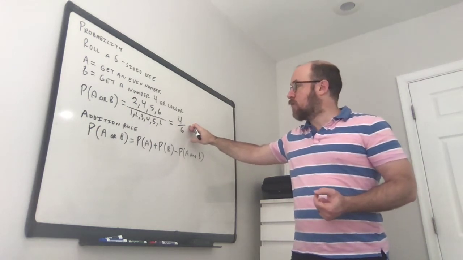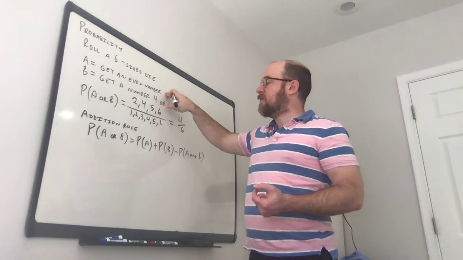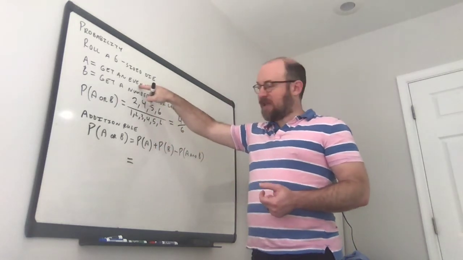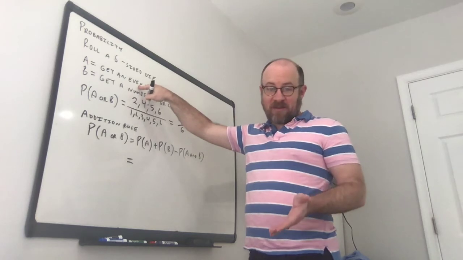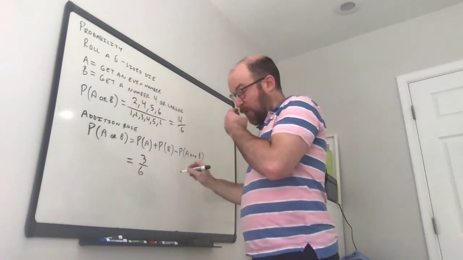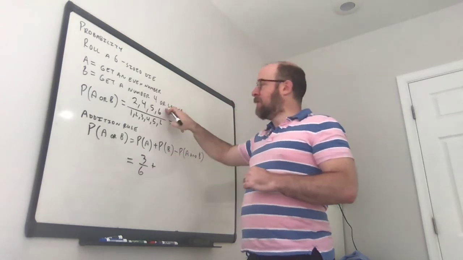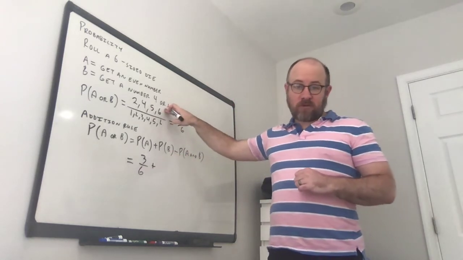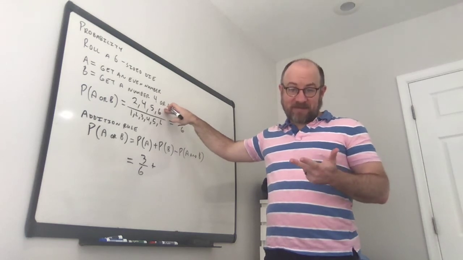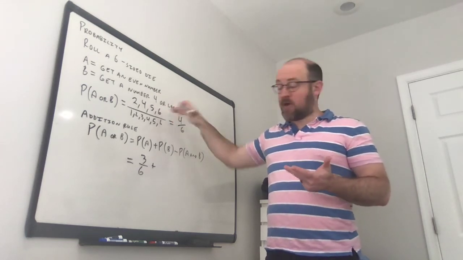So if you look at the probability of getting an even number, well, what's the probability that you get an even number? There are 3 even numbers out of 6. Okay. What's the probability you get a number 4 or larger? Well, again, 3 possibilities, 4, 5, or 6 out of 6 total.